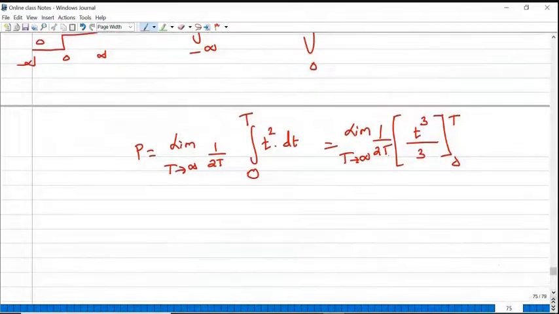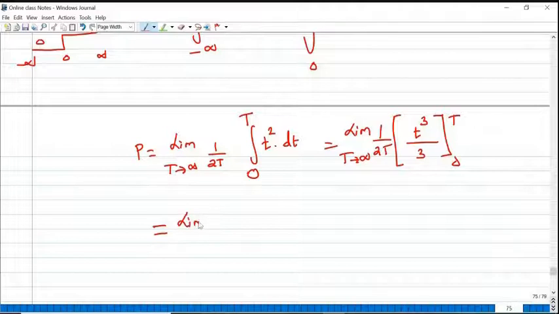Now, what they have written here: limit t tends to infinity, 1 by 2t, integration 0 to t, t square dt, which is t cube by 3, with lower limit 0.